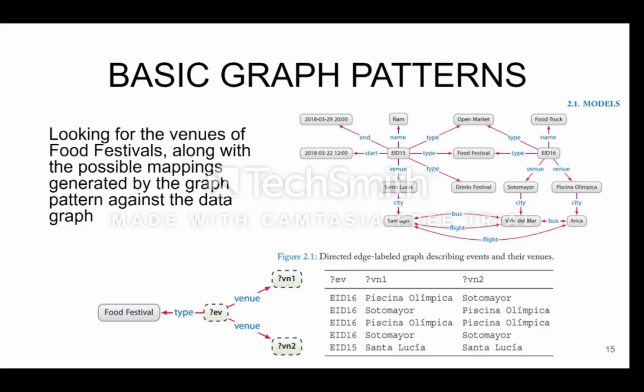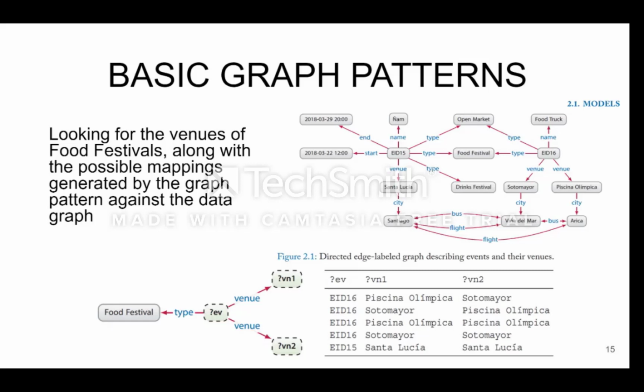We will have an example of a basic graph pattern looking for the venues of food festivals, along with the possible mappings generated by the graph pattern against the data graph. You can see we have a directed edge-labeled graph describing events and their venues on the right side.